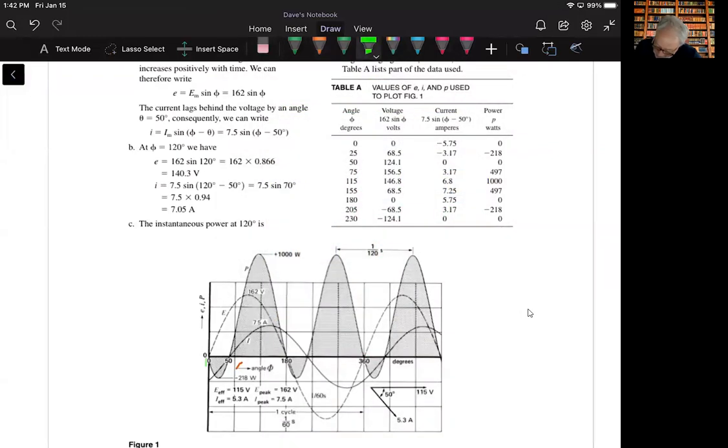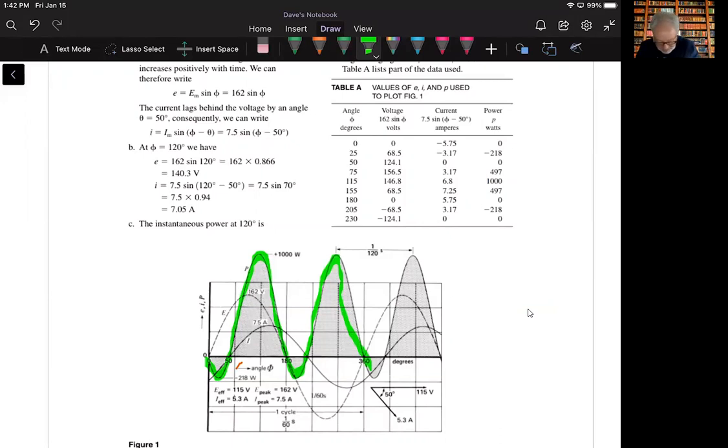We would get all the values across here. I went through one full cycle of voltage, and I see 2 cycles of power. And so here are all those plotted values across there. So that's what he's showing us with this curve.